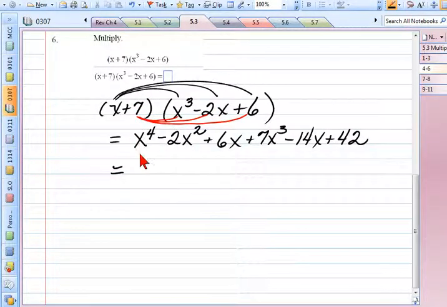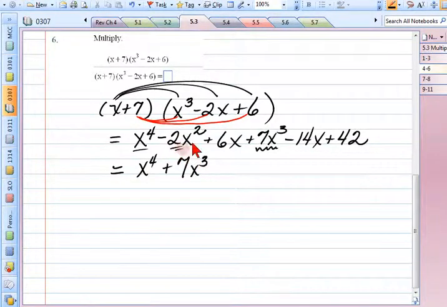Okay? All right, so I'm going to start out with an x to the fourth, and there are no other x to the fourth, so I'll list that one first. What will I write as my second term? I will go down here and say the next lower power is 7x to the third, and it has no like terms.